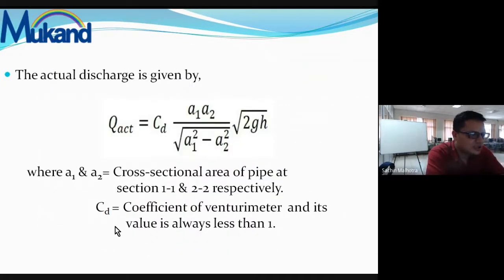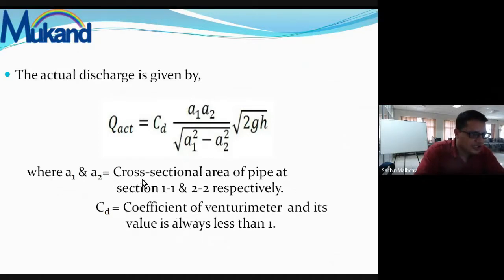The actual discharge in case of a venturimeter is given by Q is equal to Cd into A1 A2 under root 2gH, divided by under root of A1 square minus A2 square. Here Cd is the coefficient of venturimeter and its value is always less than 1.